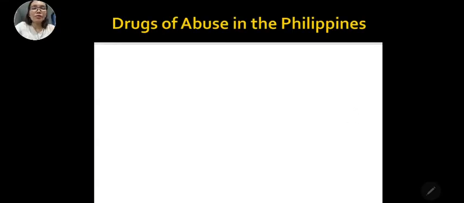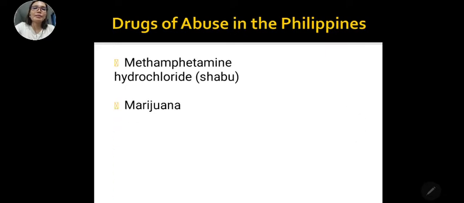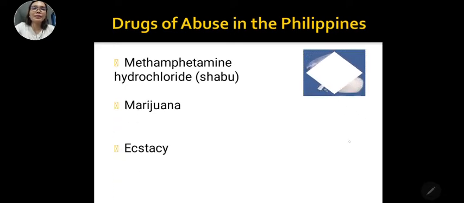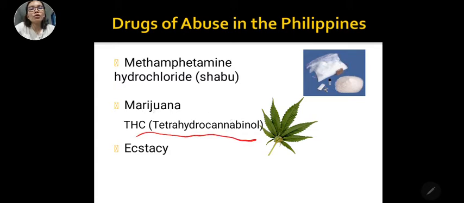So, these are the drugs of abuse in the Philippines. We have methamphetamine, marijuana, ecstasy. So, there are the pictures. Yung psychoactive component ng marijuana leaf, ang tawag doon ay tetrahydrocannabinol or THC. Okay.